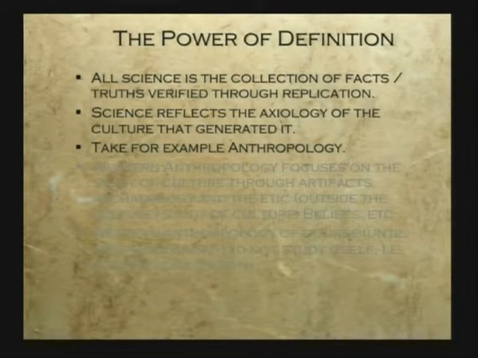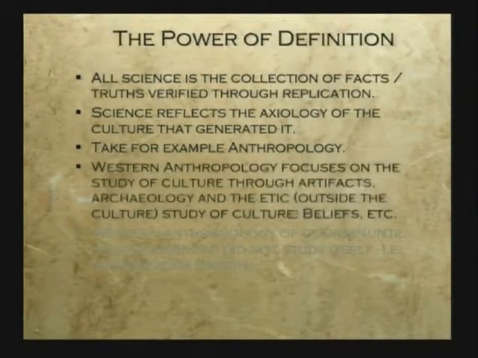So, take for example the science of anthropology. That's in the traditional canon. Western anthropology focuses on the study of culture through artifacts. Okay? Archaeology and the etic. So etic is outside the culture, study of culture and belief.